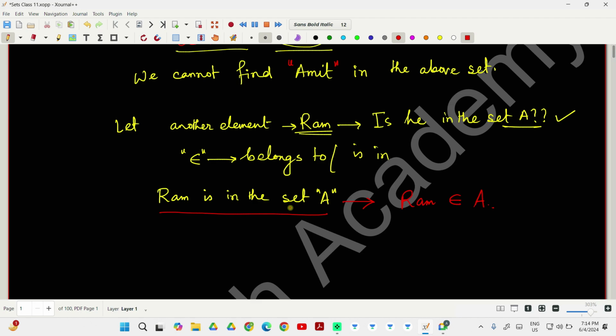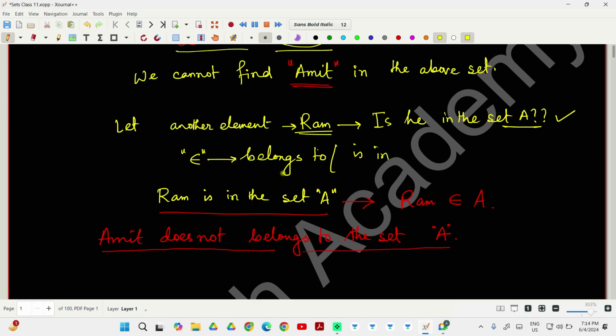Okay. So we have already seen that this element Amit does not belong to the set A. So we write Amit does not belong to the set A. How will we express this statement in symbols?